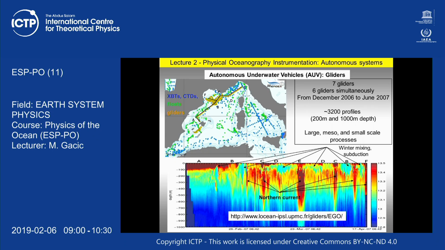For example, these high temperature blocks are due to the northward current, which goes that way across the transect which has been done. The thing is that thanks to this high resolution, in this specific case, it has 3,200 profiles along all these transects.